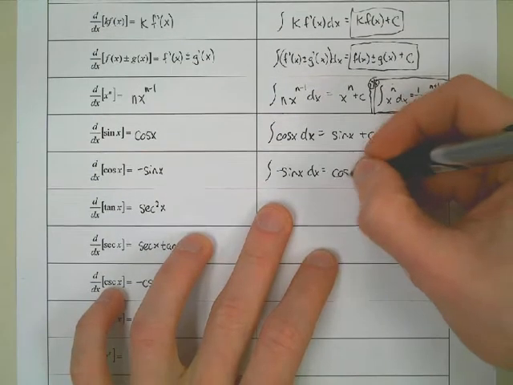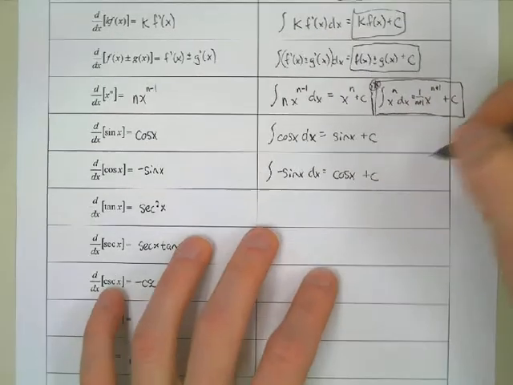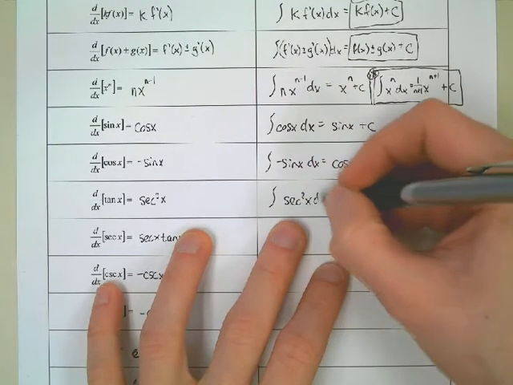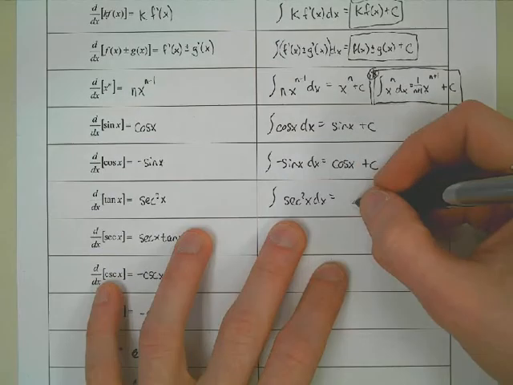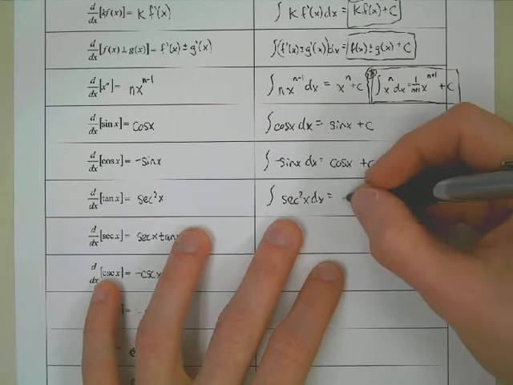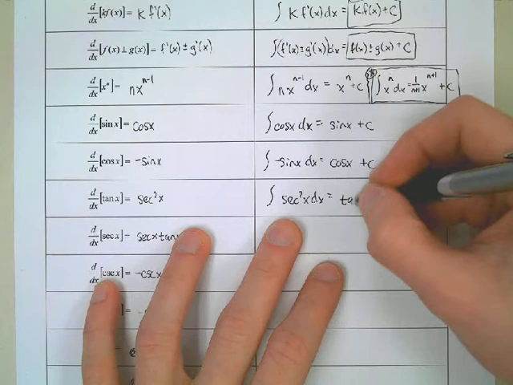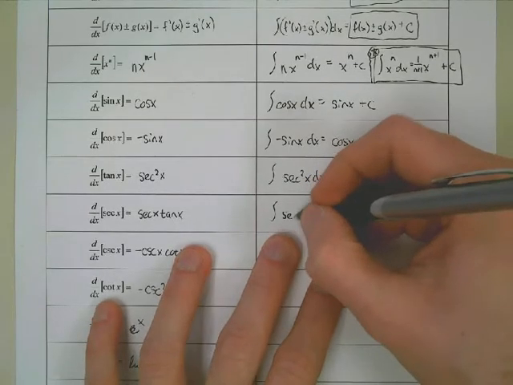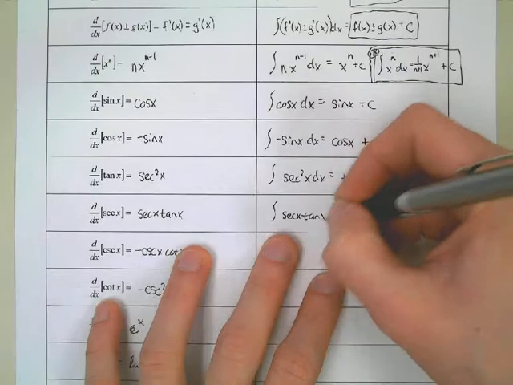Integral of secant squared? What's the integral of secant squared? Tangent of x plus c. Integral of secant x tangent x with respect to x: secant of x plus c.